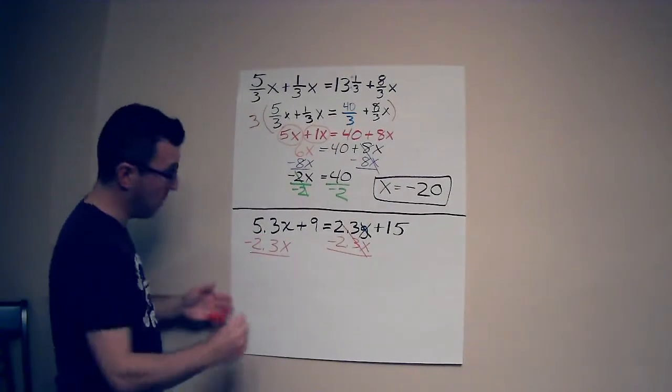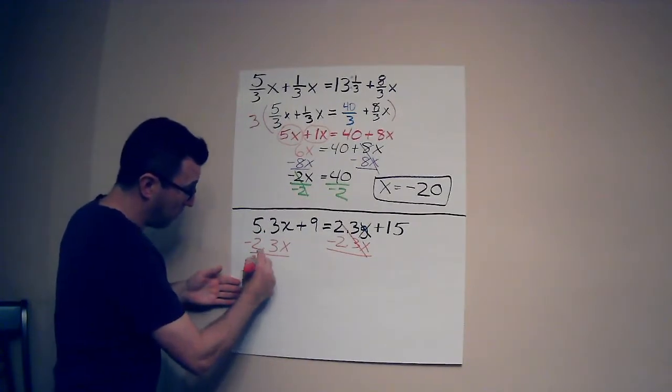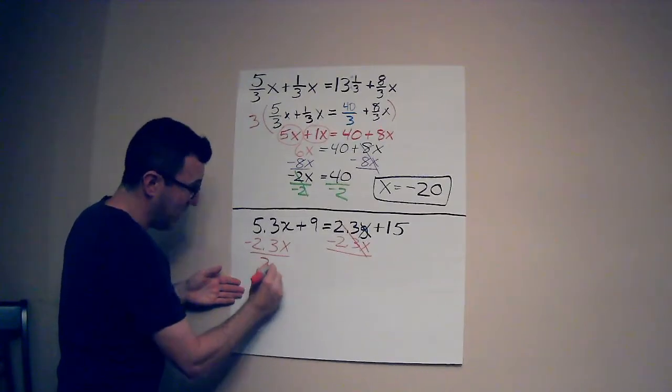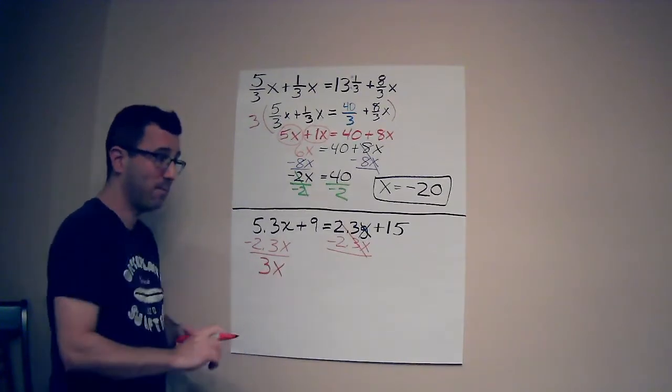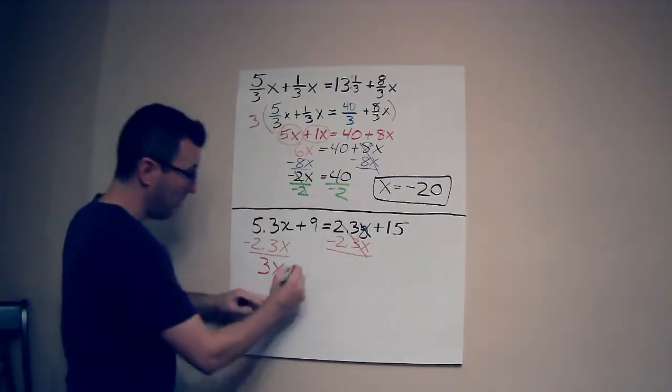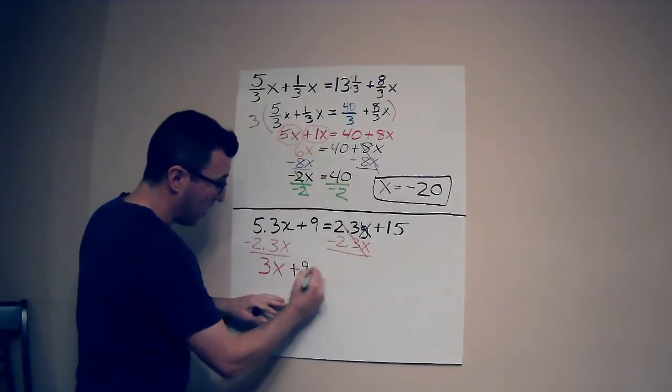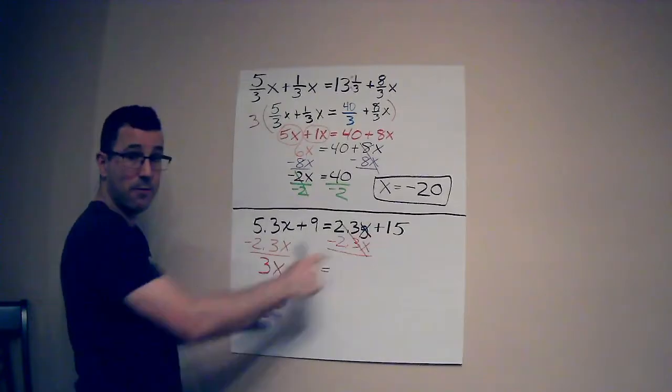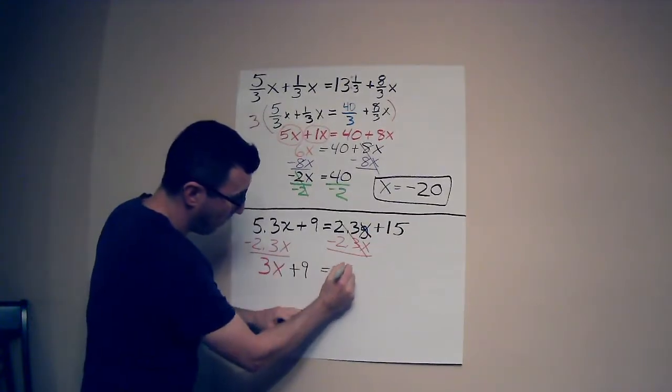5.3 minus 2.3, we actually wind up with just 3x plus 9 equals, the only thing left on this side is a 15.